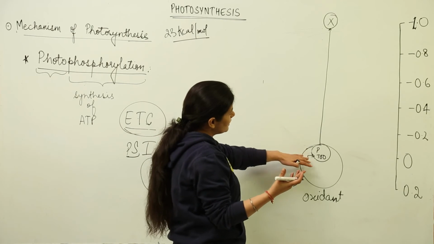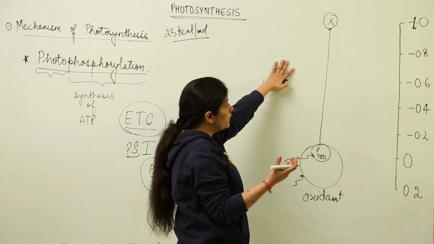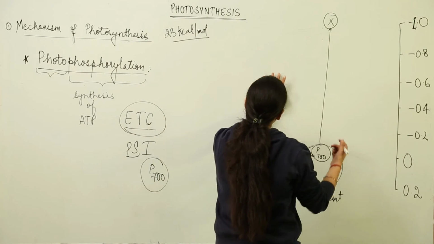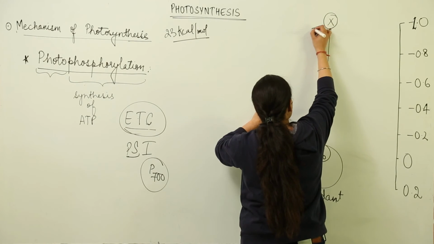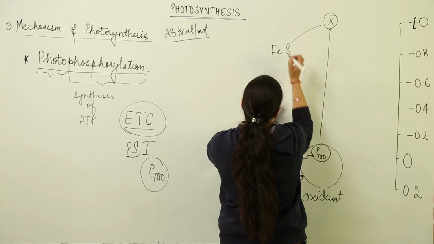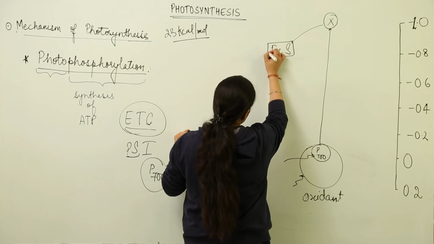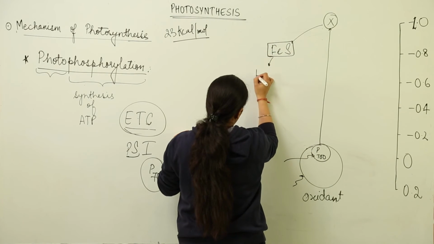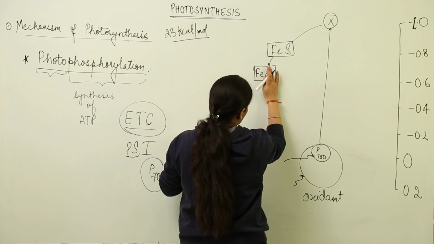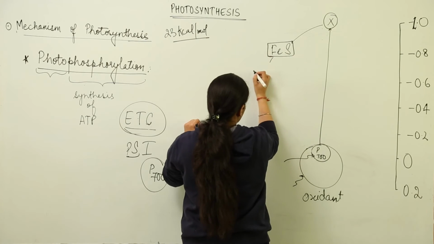Same way, this electron, it jumps, it goes to agent X, which is a special type of chlorophyll molecule. This agent X starts behaving like a strong reducing agent and passes on the electron to the next, that is FeS complex. This FeS complex passes on the electron to the next complex, that is ferredoxin. Okay, this is ferredoxin. I would write ferredoxin completely over here.